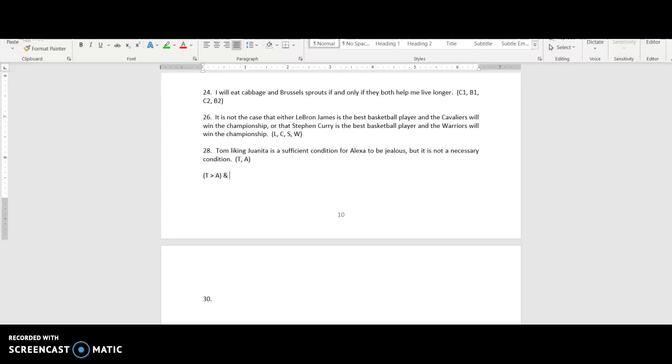So but, right, that's a conjunction and. It is not a necessary condition. So what is not a necessary condition? Tom liking Juanita, right, is not a necessary condition. So we want to say not T is going to go in the consequent, and A will go as the antecedent.